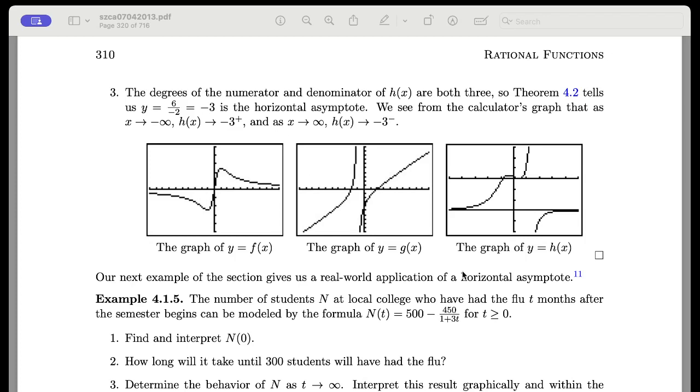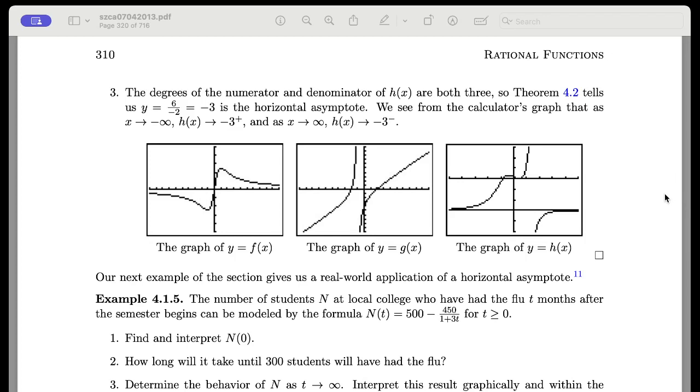Now it's got a vertical asymptote there when x is negative 2. And then it does some other funky business. It's a little hard to follow what that might be.